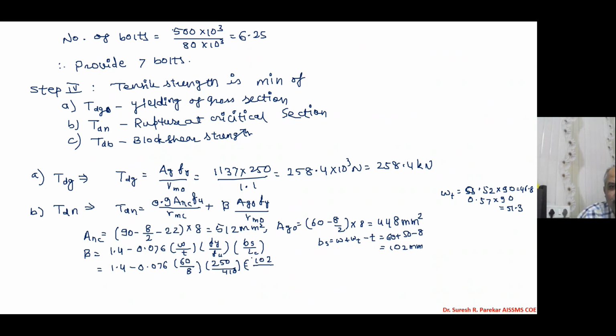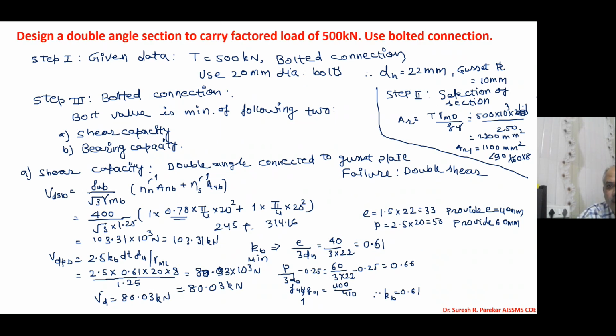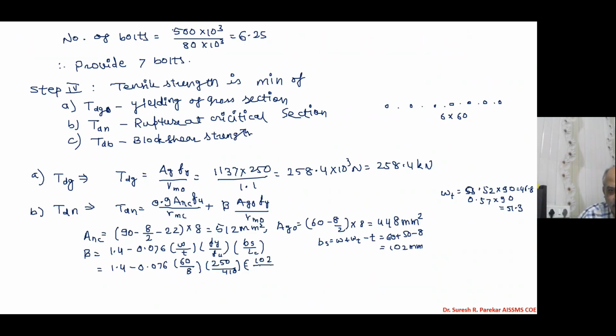And what is Lc? Distance between end bolts. How many bolts we have? We have 7 bolts. So how many spacings? 3, 4, 5, 6. So 6 into 60, because we have taken the value of e equal to 60. And therefore this comes 360.